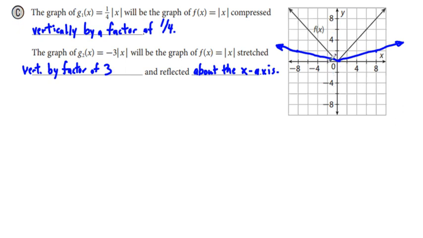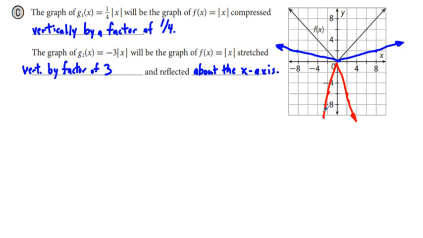So if we go over to the left, we're going to go down this much, and then over here too. So we have symmetry. So we're going to be looking something like this. Yeah, that's about as good as I'm going to get it to look here.